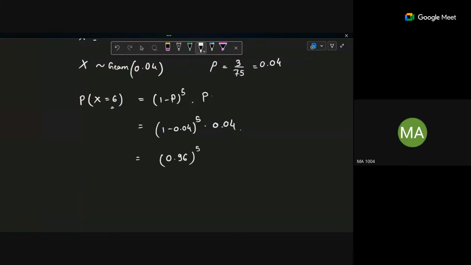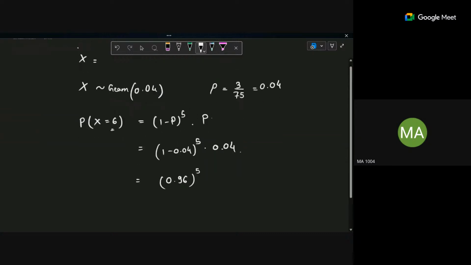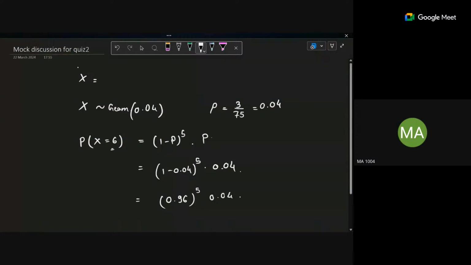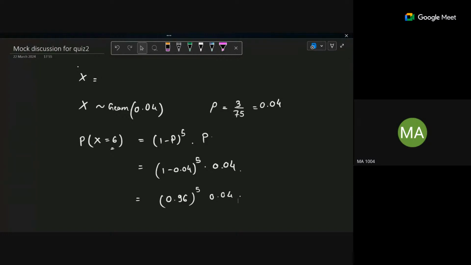This is just a calculation, but for extra information, how will you define your random variable? X takes values 1 to infinity.